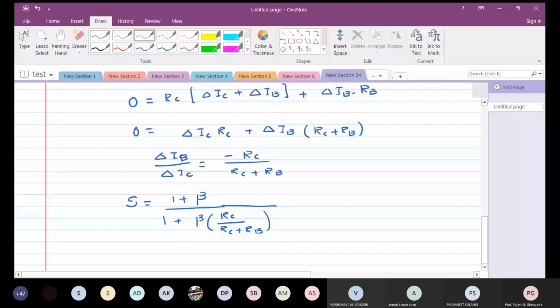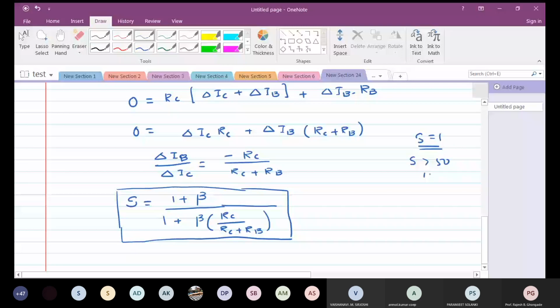So what can you say about this stability value here? Remember that S is equal to 1 is ideal. S greater than 50 is bad.